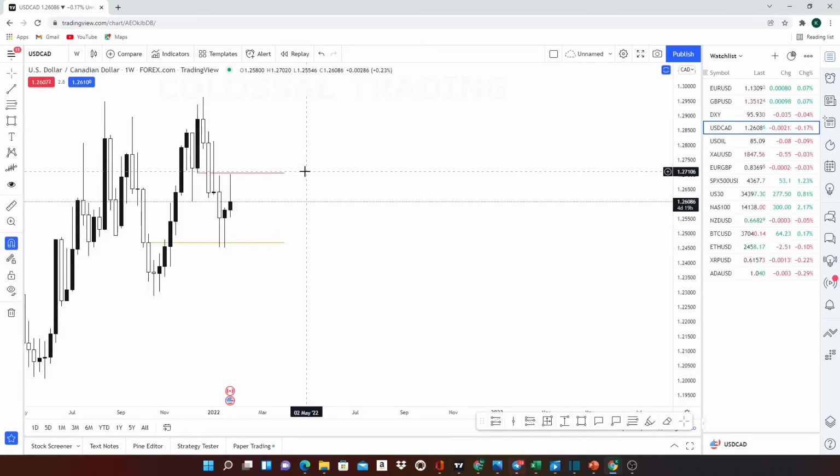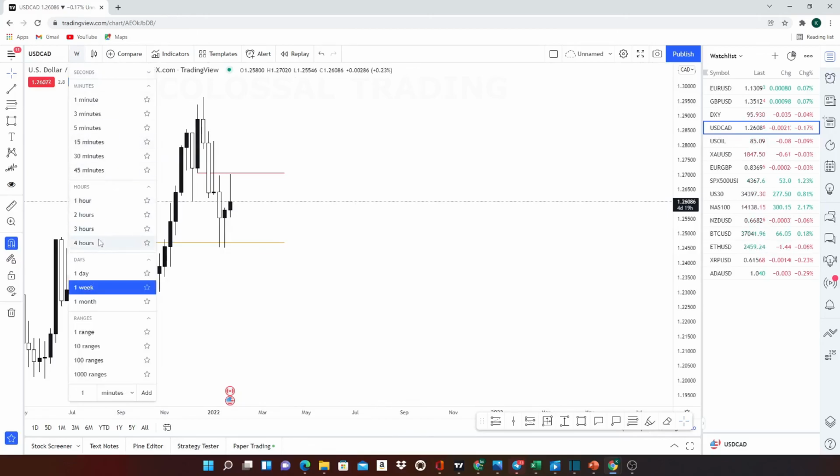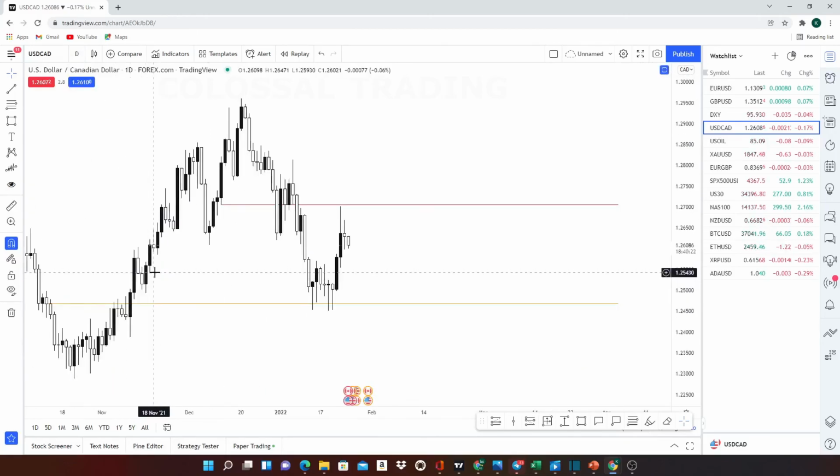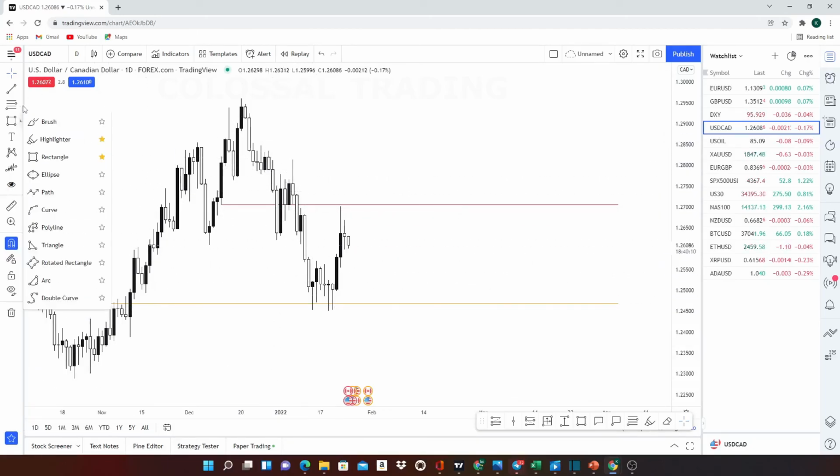So I typically like using them, like I just explained to you here, for entries or for targets or exits. If I was in this sell on USD CAD, let's just say swing trading, this could have been my target, right? I could have been in this sell right here, and my target would have been down here. And what would it have looked like?